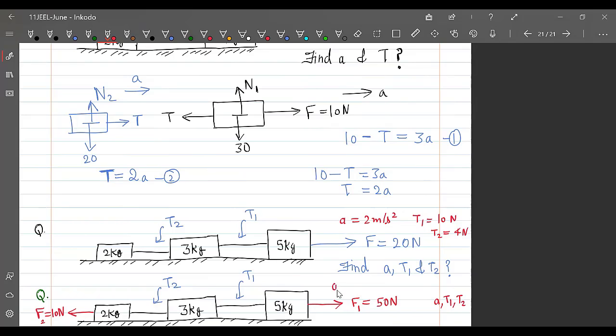In this case, acceleration will come out to be 4. Sir, 4 is correct. Sir, the rest is still to be calculated actually. Okay, take your time, solve. It will be 6, right? The last one, here there is one more force of 10 Newton that you should consider. Sir, I did consider.